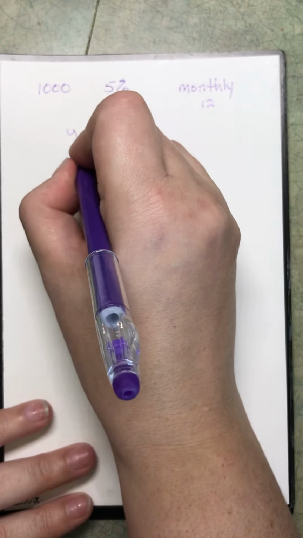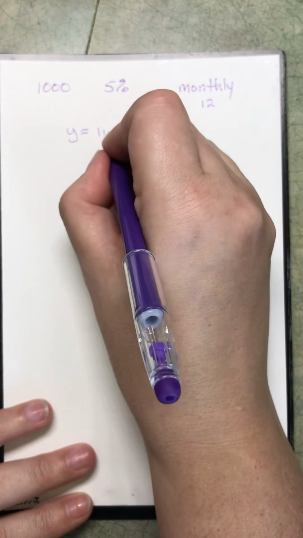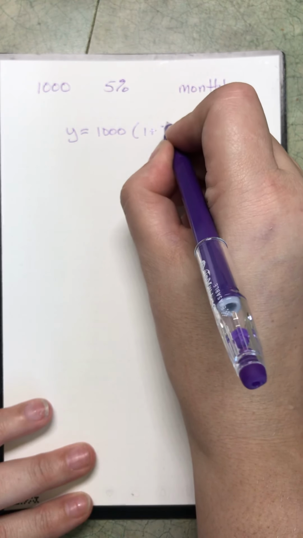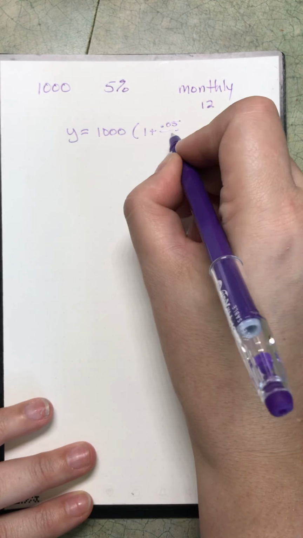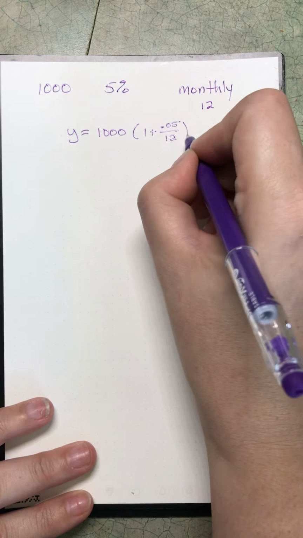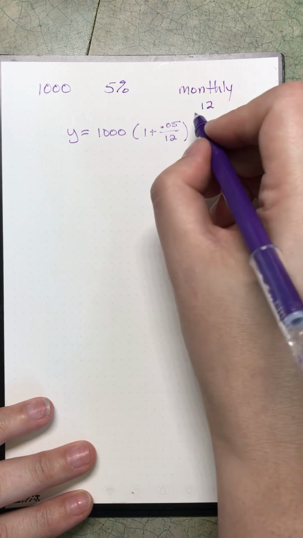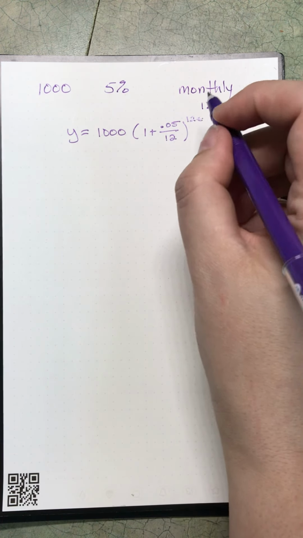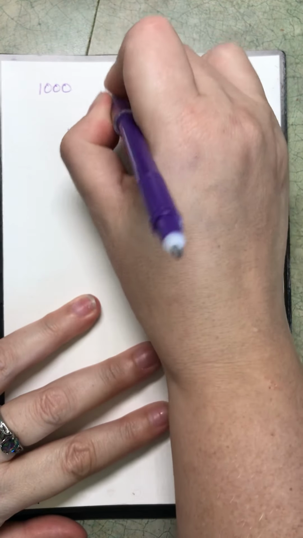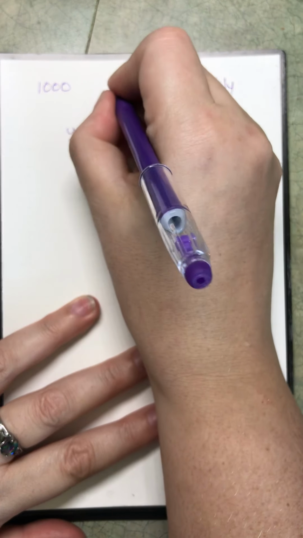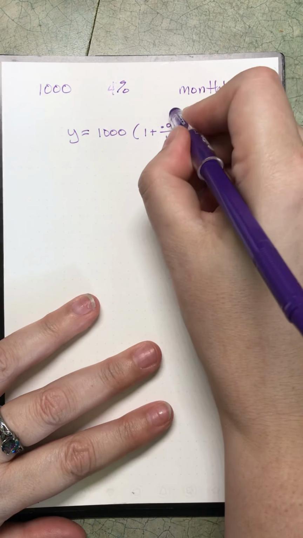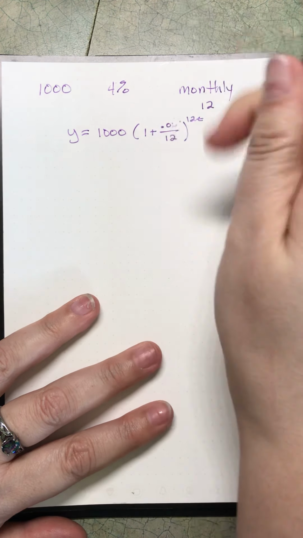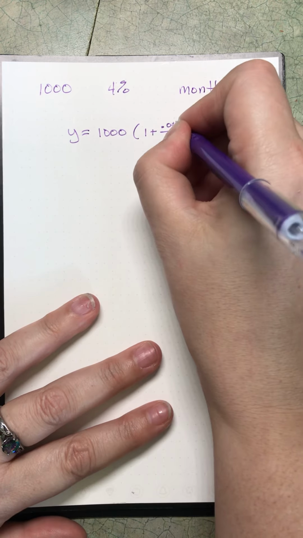So I'm going to write my equation. y equals my $1,000 times 1 plus my 0.05 divided by 12 to the 12t. Oh, I forgot. In our last example, we used 4% interest in the last video. So this is going to be 0.04 because I want to be able to compare, see how much of a difference compounding it monthly versus annually makes.